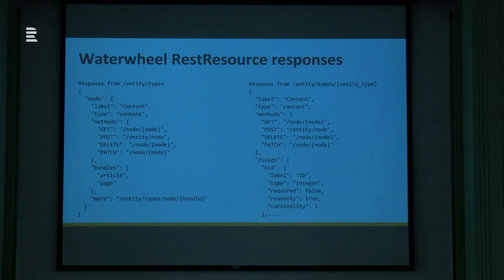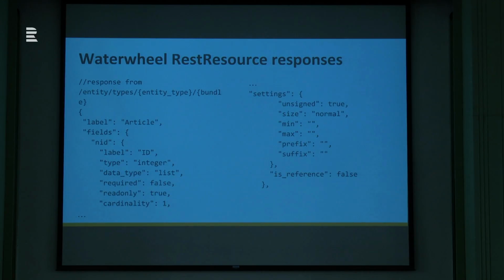We'll take a look at the response from each type here. So basically for entity types, you are getting the methods, label, type content, what bundles you have, and if that's not enough for you, then go here. And if you go here, you are getting even more info. You are getting the fields for that bundle and stuff like that.